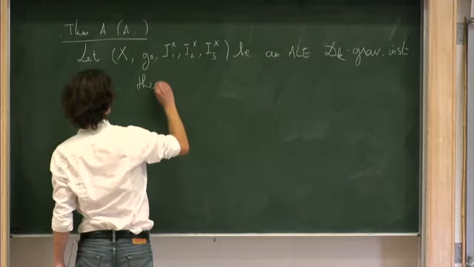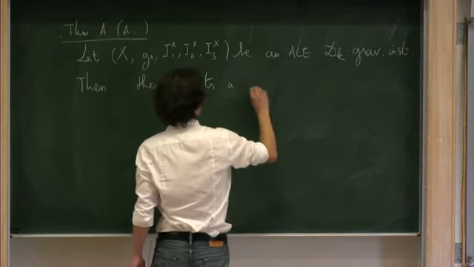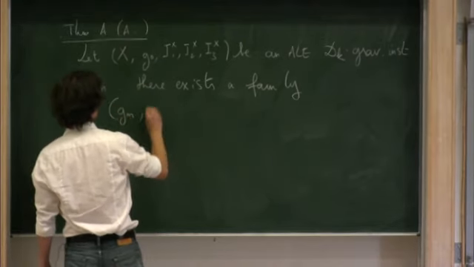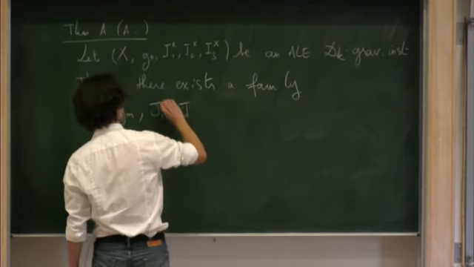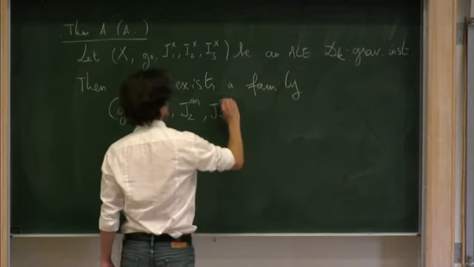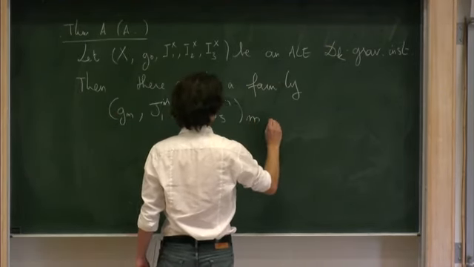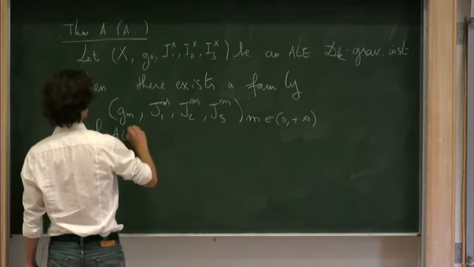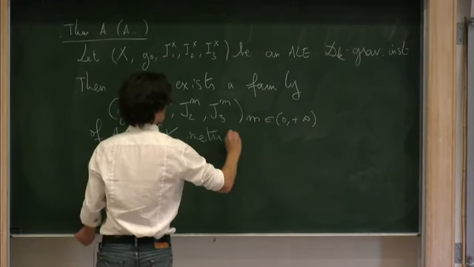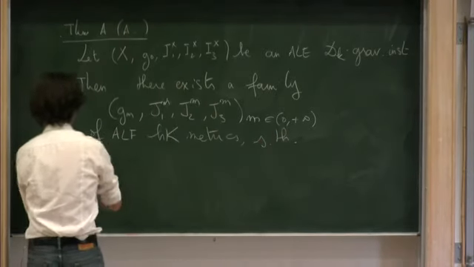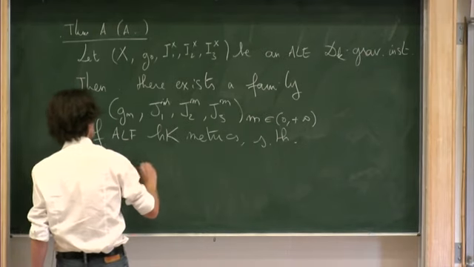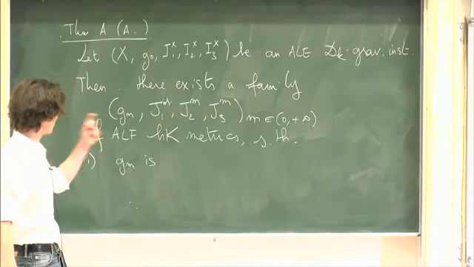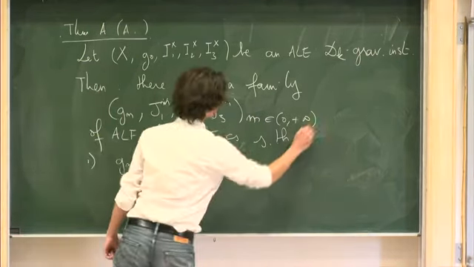So there exists a family I will call GM, J1M, of ALF hyperkähler metrics such that, so first, GM for any fixed M. So notice that you can describe the whole range of possible M's here.